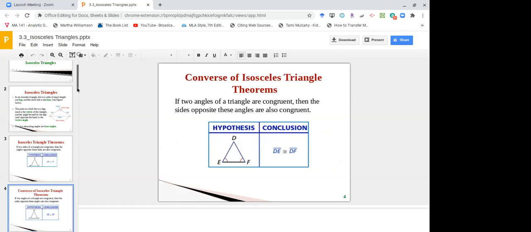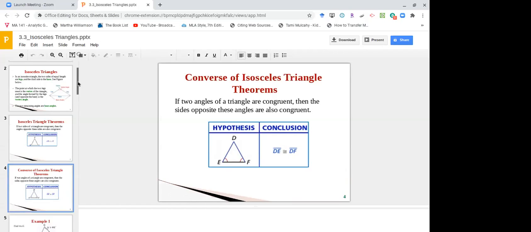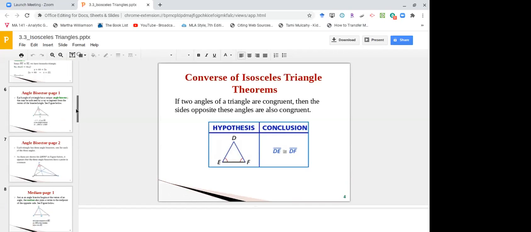One basically says that if two angles are congruent, then the sides opposite those angles are congruent, and the other one says that if the sides are congruent, then the angles opposite them are congruent as well. So we have those two theorems in here. And a couple of examples.